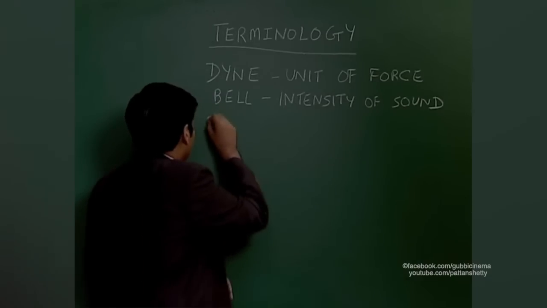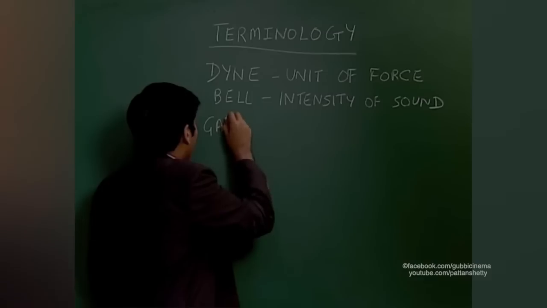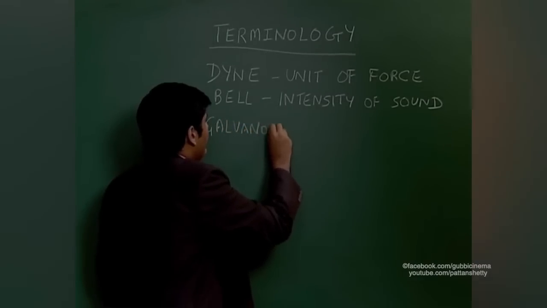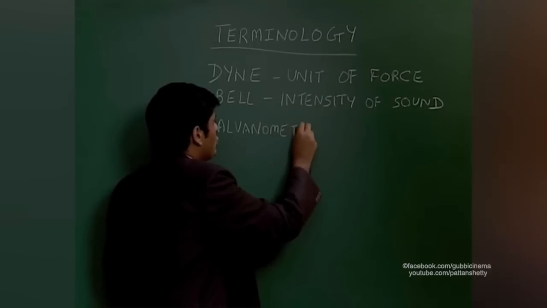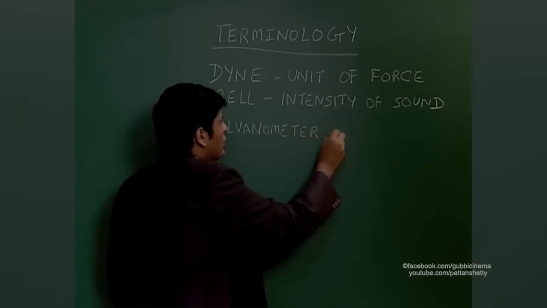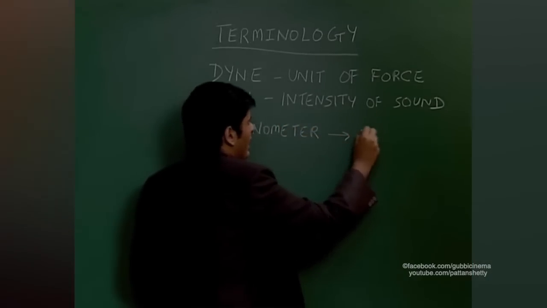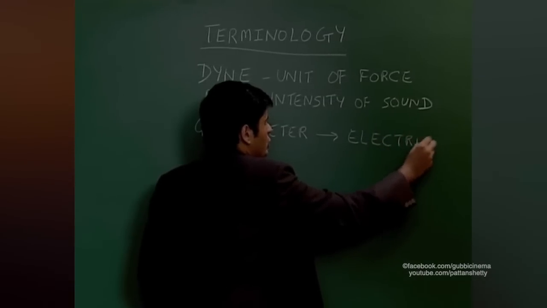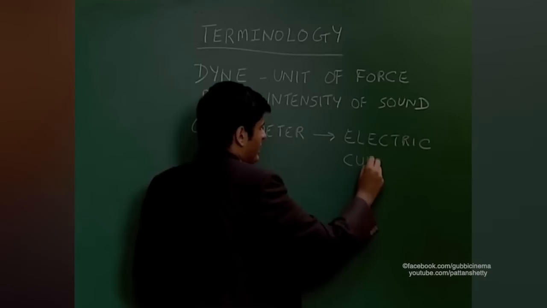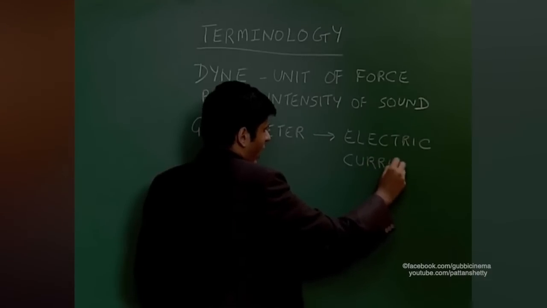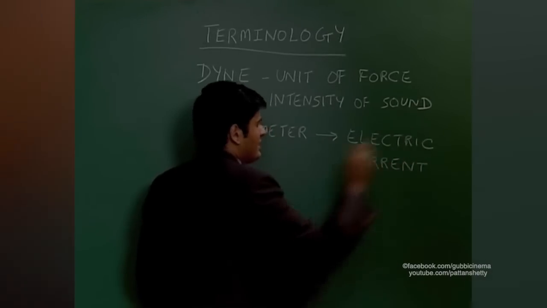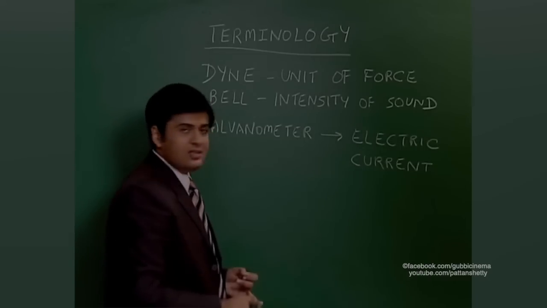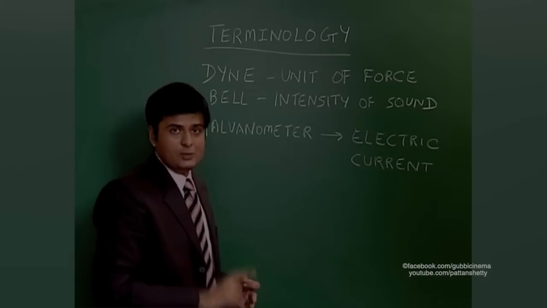Similarly, friends, the word galvanometer will remind us that it refers to an instrument which is used to measure electric current. Galvanometer is used to measure electric current. Now, how do I remember? Very simple. I have to form a picture, I have to make sense, and I have to ensure it is special.